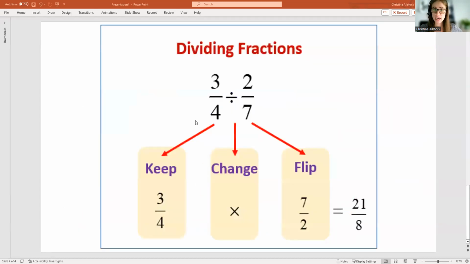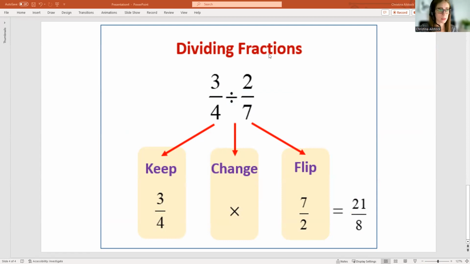All right, now for dividing fractions, we have one additional step that we have to complete. When you're dividing fractions, we, in some ways, can't really divide them. So what we have to do is change our problem to a multiplication problem. And a little acronym that you've maybe heard of before to help you remember that is keep, change, flip.